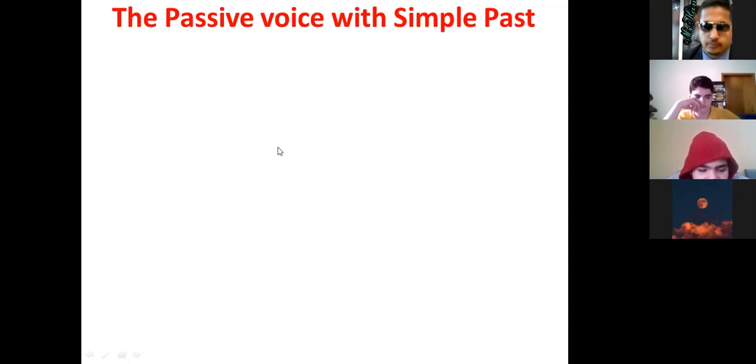Add the object at first. No, I mean the rule of the verb itself, the tense of the verb in the past simple. How can we change it in the passive voice? What is the rule? At first, what is the form of the simple past? Second form of the verb, or verb plus d or ed.